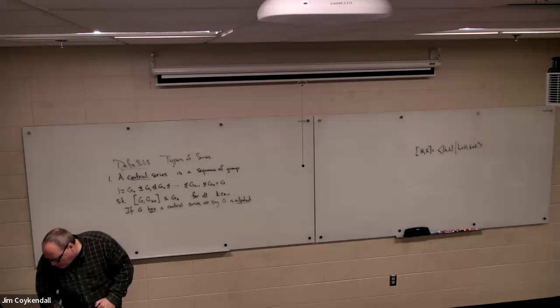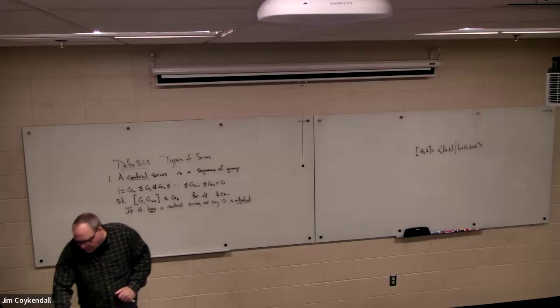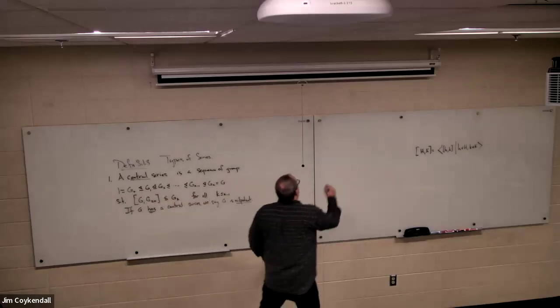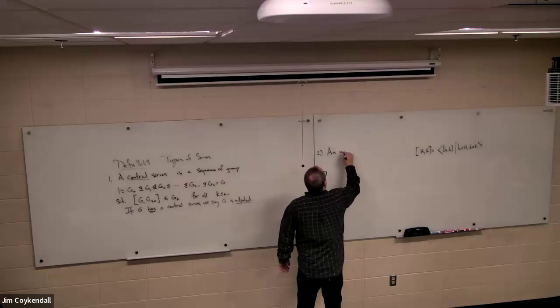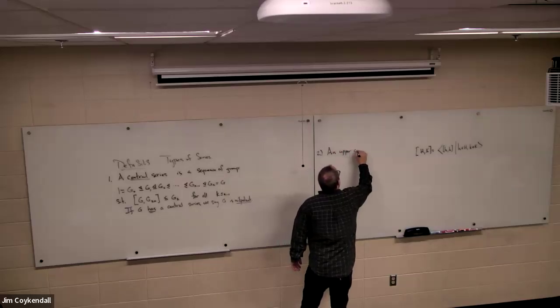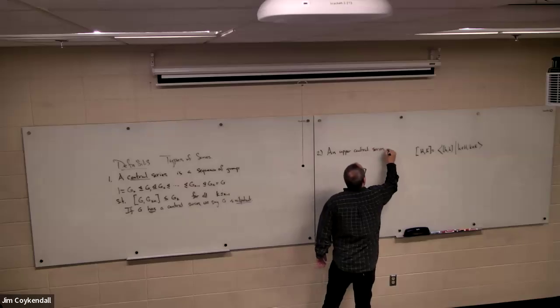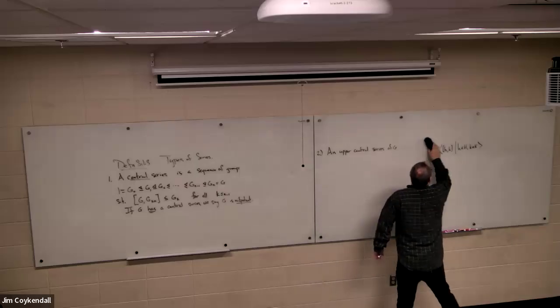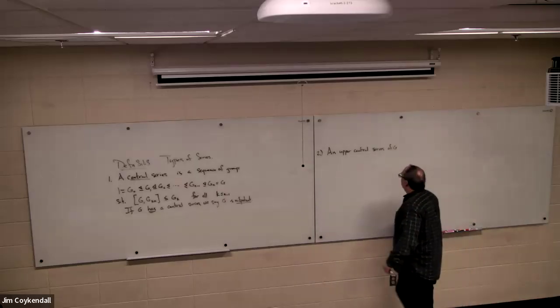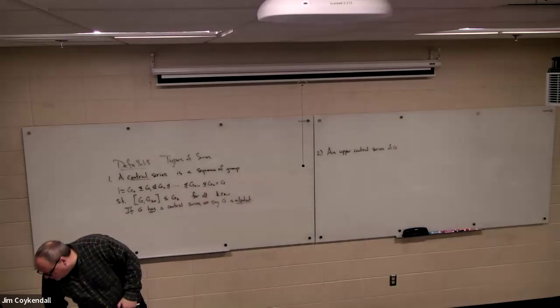Number two, an upper central series of G is one that looks like this. An upper central series of G is a sequence of groups of this form here.